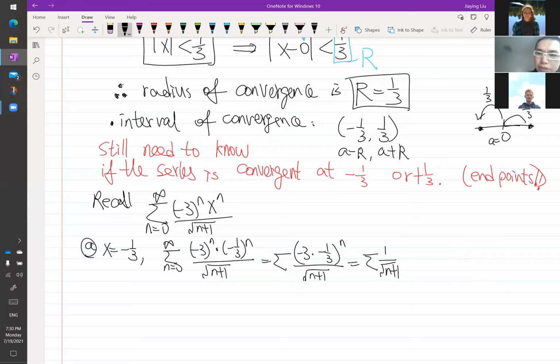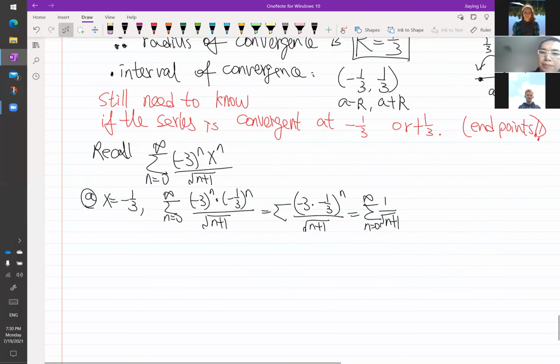So I'm just going to write the sum from n equals 0 to infinity. At this point, I think I'm going to use a substitution. We haven't really done that, but I think it works. So use u equals n plus 1, so n equals u minus 1. I'm going to substitute into the series here.